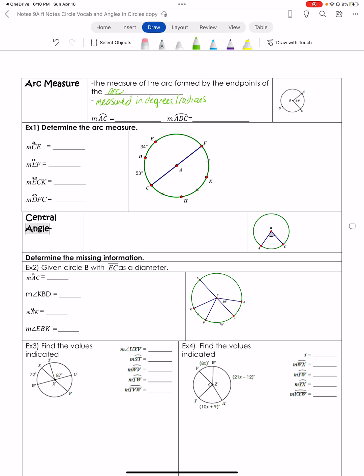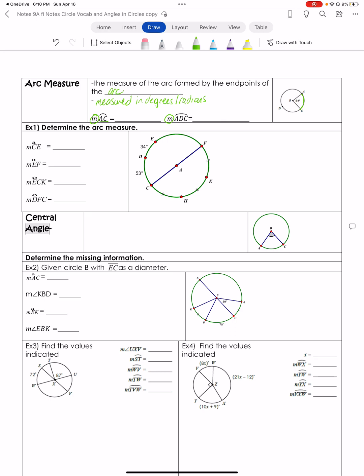We'll talk about central angle in a minute. So what you'll notice is when you have arc AC, when you're talking about the measure of, you always put an M on the outside like that. So the measure of arc AC, the measure of an arc, is equal to the measure of the central angle.